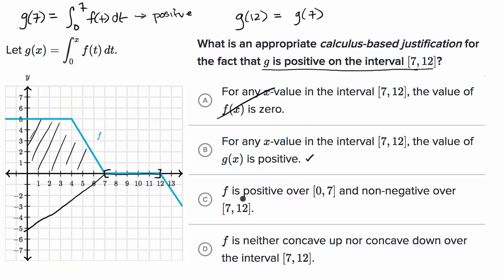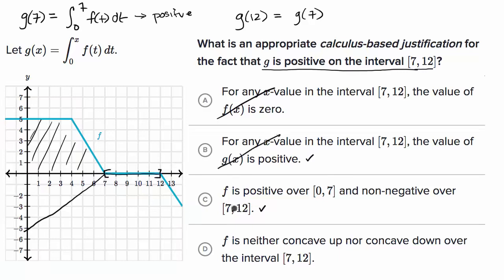Let me see these other ones. F is positive over the closed interval from 0 to 7, and it is non-negative over 7 to 12. I like this one as well. And actually, the reason why I would rule out the first one has nothing to do with the derivative, and so it's not a calculus-based justification. So I would rule that one out.